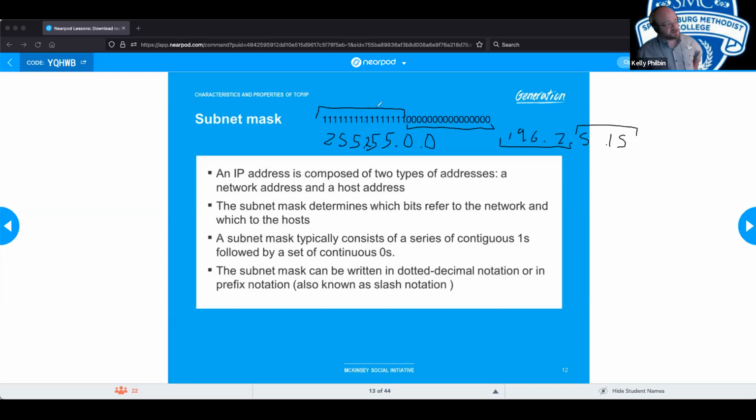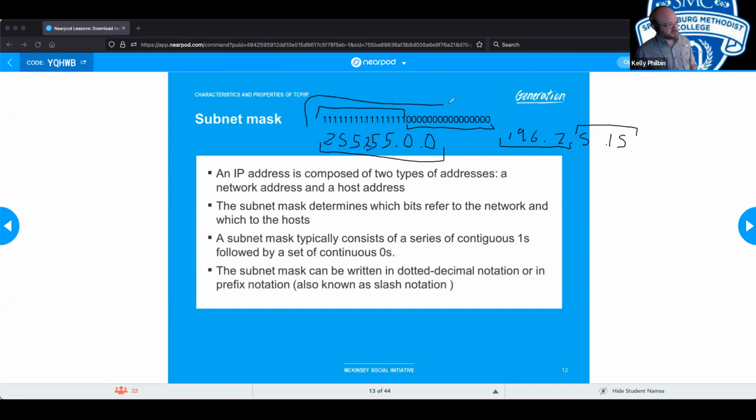So that is why the subnet mask is so important, because it can change drastically if this is a class A versus a class C. There's a couple different ways that we can notate a class A versus a class B. One way is this full written out classification here.